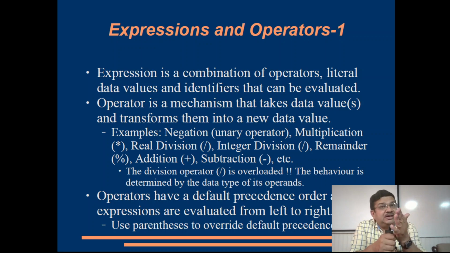The results are different depending on whether you are computing 3 by 5 as integers, 3 as an integer, denominator 5 as an integer, then integer division would result in 0, right? The result would of course be an integer. But if you divide 3.0 by 5.0, the result would be 0.6, right?